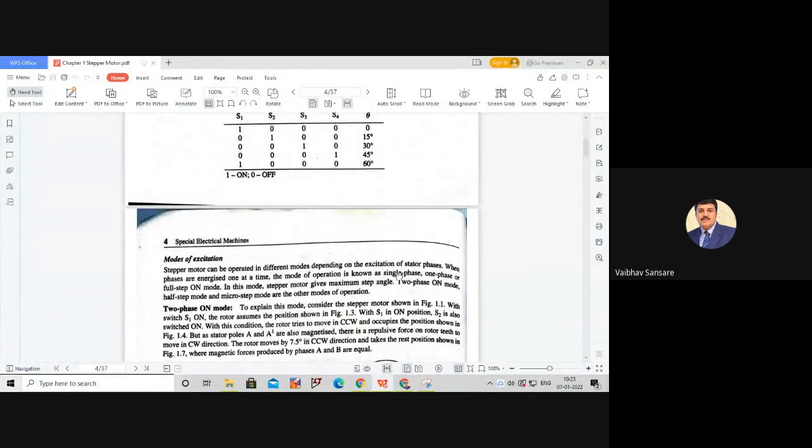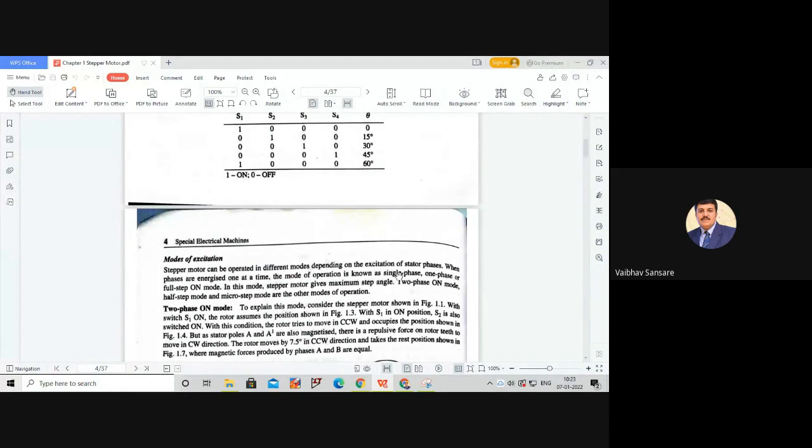The same stepper motor can be operated in different modes depending upon the excitation sequence provided to the stator poles or stator phases. Depending upon the excitation sequence, we can run the same stepper motor for different switching modes, or different step positions, or you can say rotor positions.